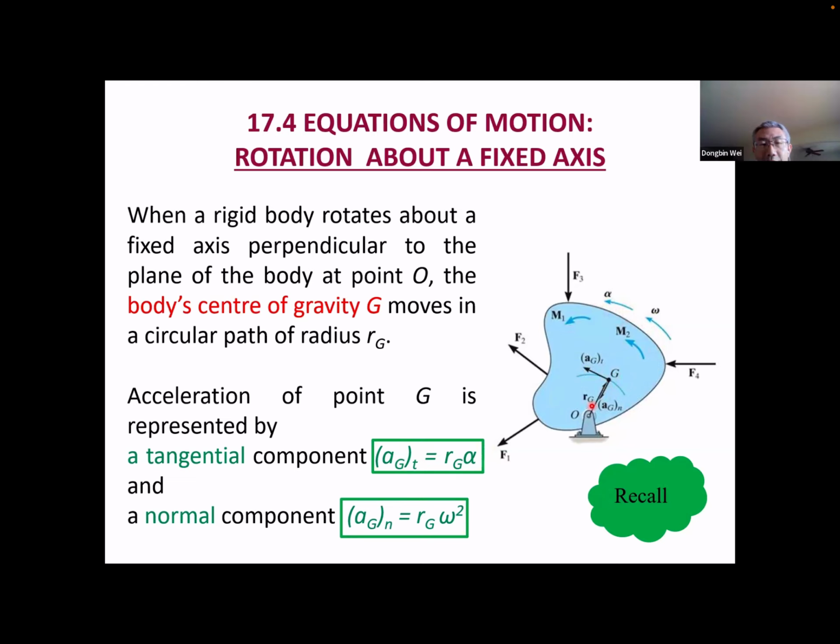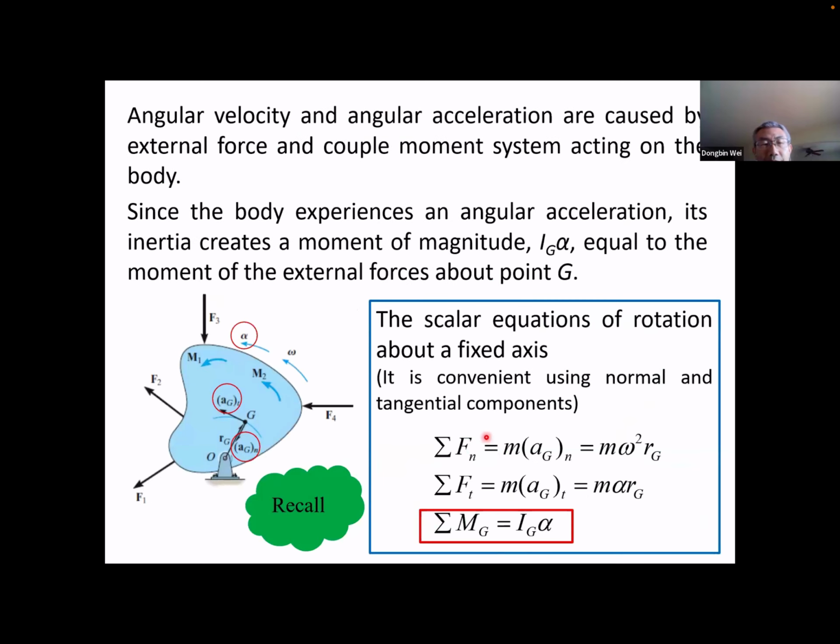For a_Gn, this can be calculated using the angular velocity. So if we use a normal-tangent coordinate system, then for the translation component you can use alpha and omega in these 2 equations. You don't have an unknown a_G because this can be related to omega and alpha.